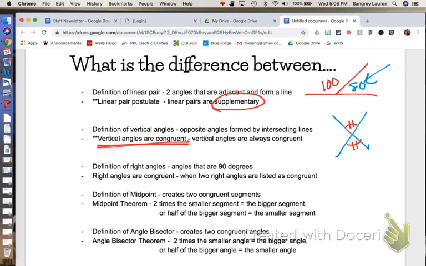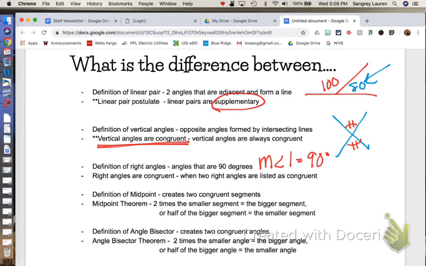The definition of a right angle versus right angles are congruent. If I tell you that the measure of angle 1 is 90 degrees, that is the definition of a right angle because the definition says that a right angle is 90 degrees.